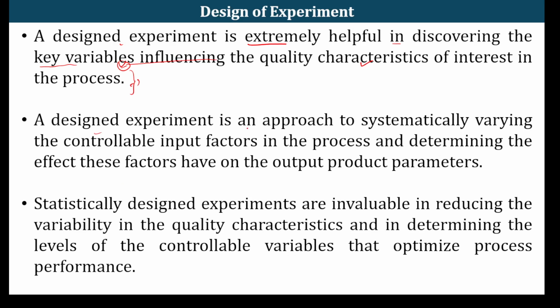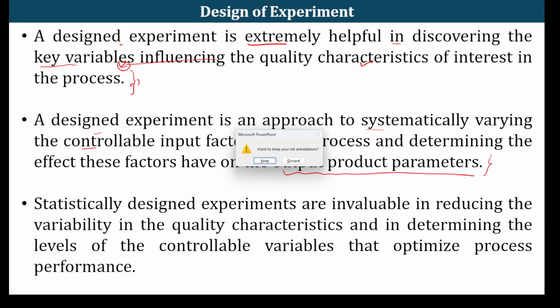A designed experiment is an approach to systematically vary the controllable inputs, and then we can see how much change is coming in the output product parameter by changing the input parameter.